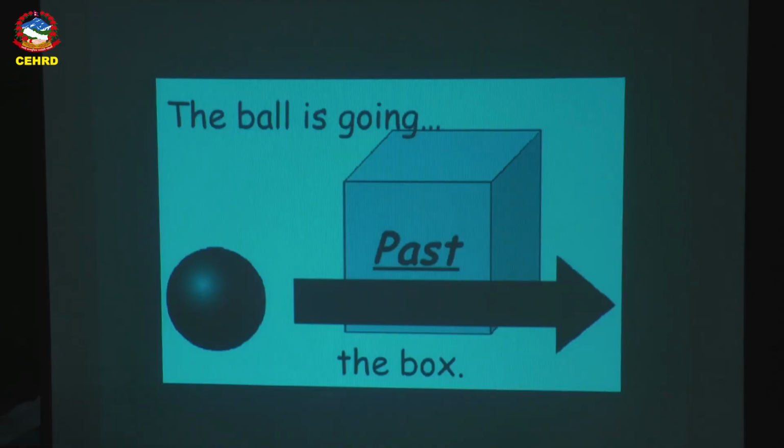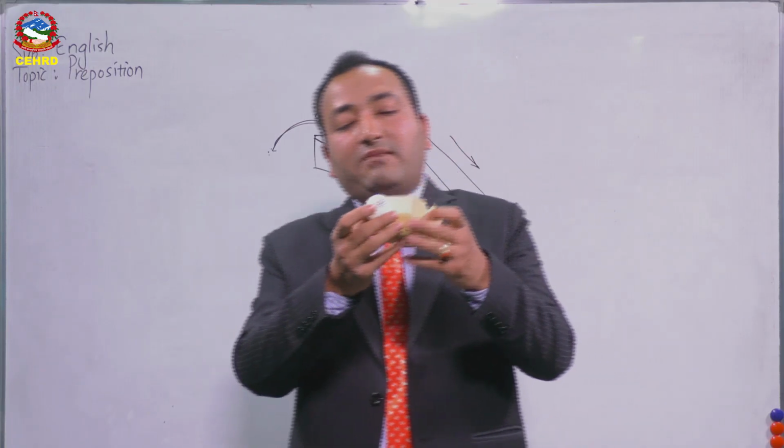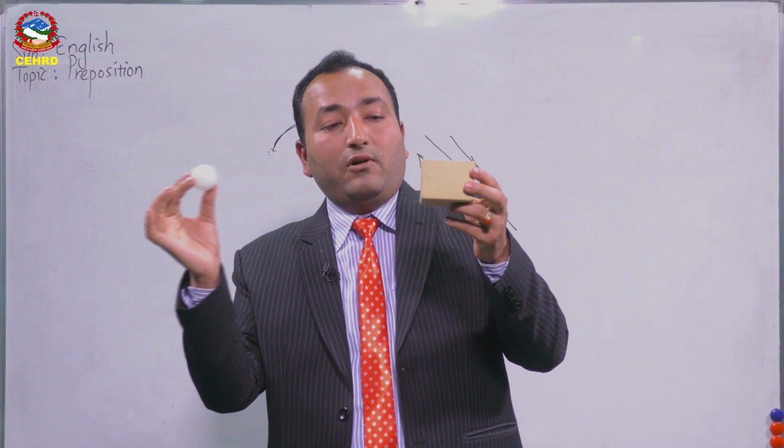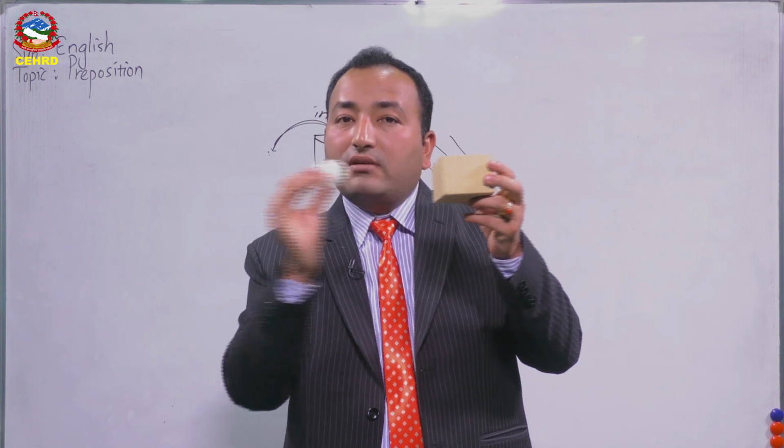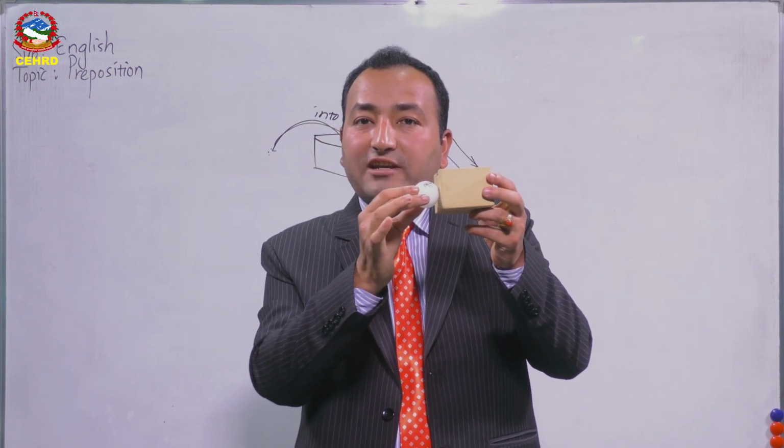Okay, next word is "past". In the picture you can see the ball is going past the box. Past the box means the ball is not stopping at the box. Suppose, here again, we have a box and a ball. The ball came up to the box, only to this place. This is the last point.